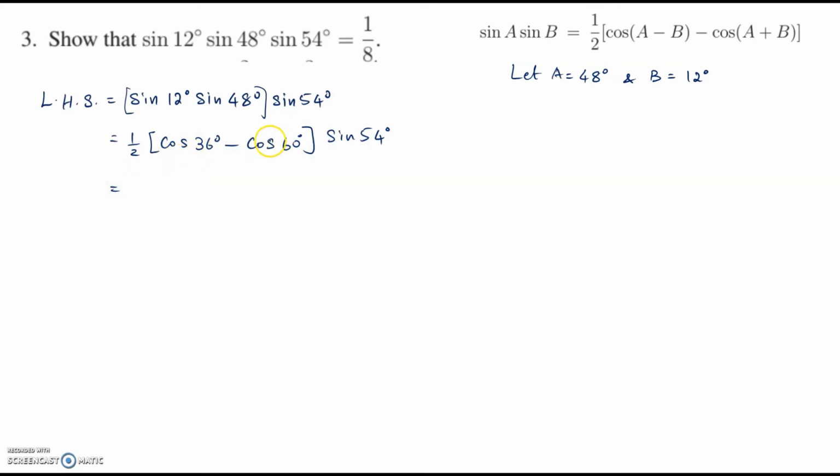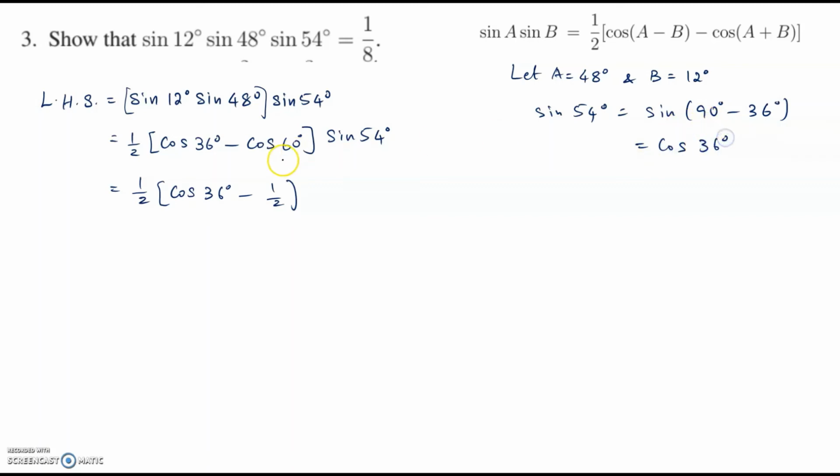Now we know that sine 60 is equal to 1 by 2, so this is equal to 1 by 2 into cos 36 degrees minus 1 by 2, and our sine 54 degrees is equal to sine of 90 degrees minus 36 degrees, which is equal to cos 36 degrees. So this is cos 36 degrees.